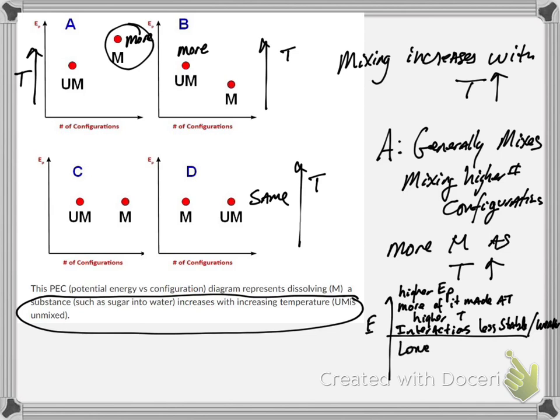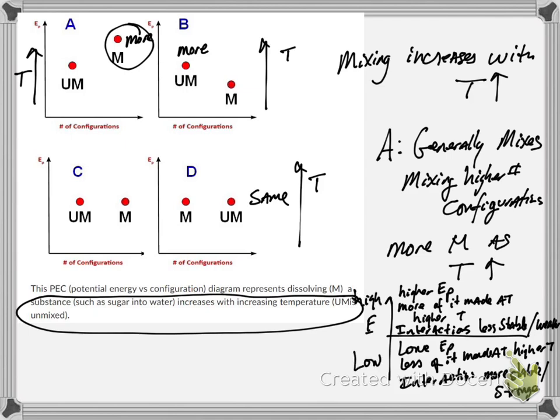Lower potential energy, less of it made at higher temperature. Interactions more stable, stronger. Call this low and this high. Right, so that's a good summary.